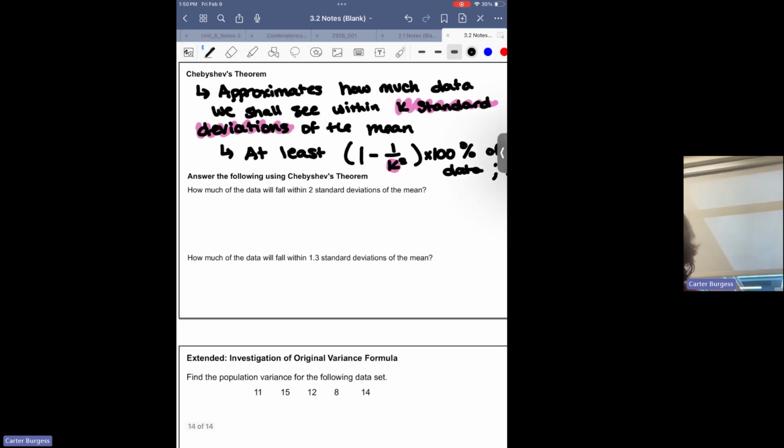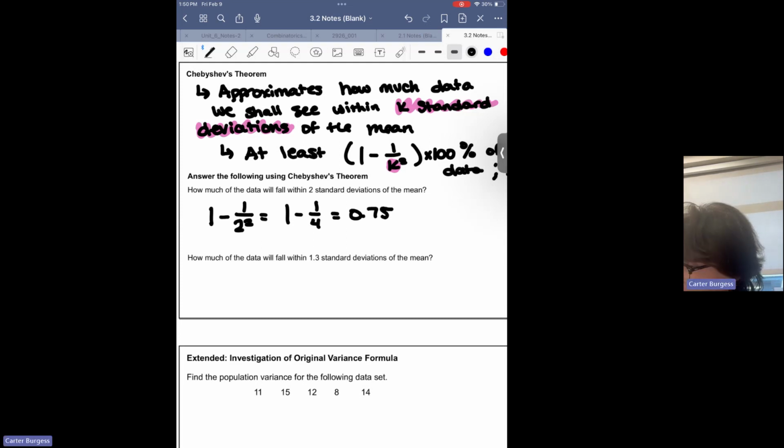So let's take a look, for instance, at this example. We are trying to predict how much data is going to fall within 2 standard deviations of the mean using this formula. So we have our formula, 1 minus 1 over 2 squared, which is 1 minus 1/4, 0.75.